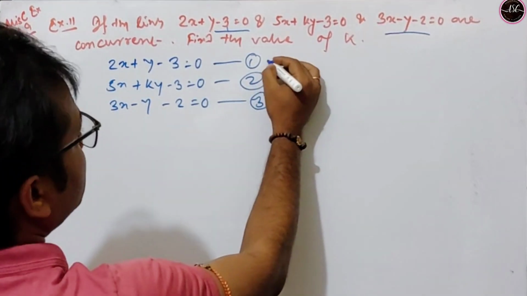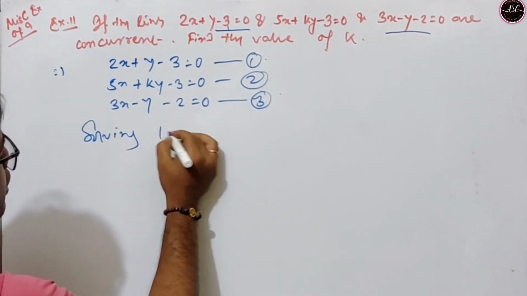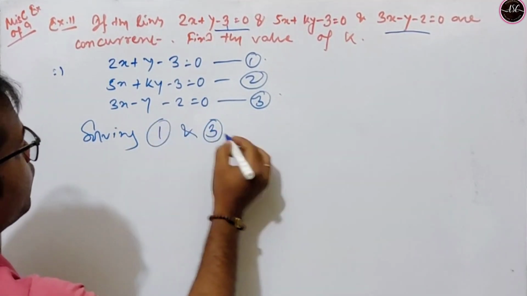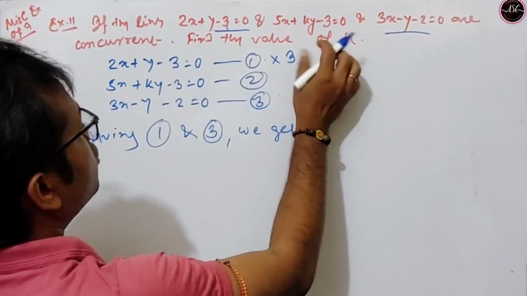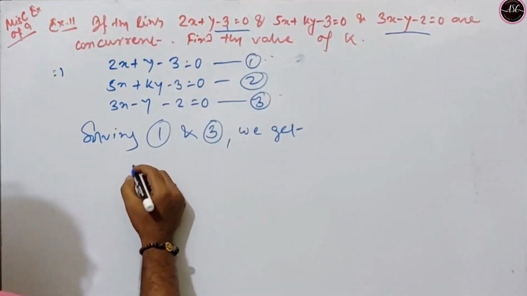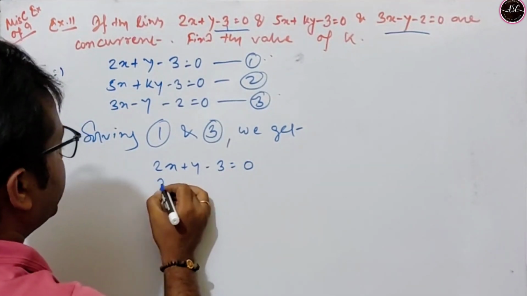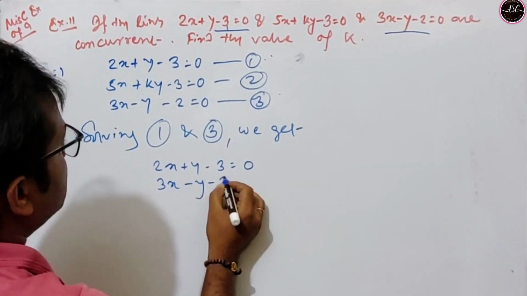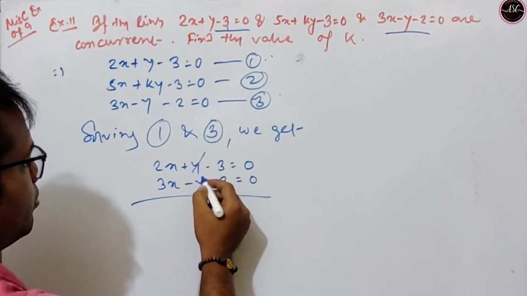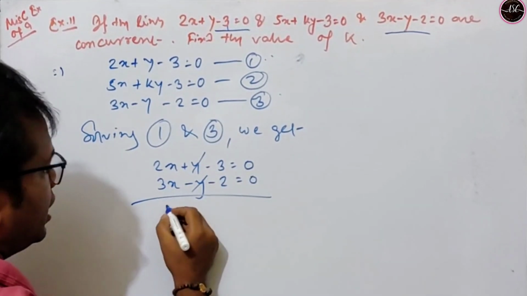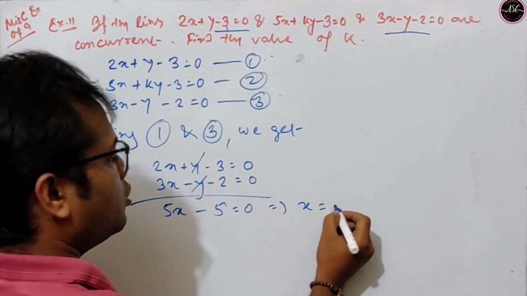Now solving 1 and 3. Write 2x plus y minus 3 equal to 0 and 3x minus y minus 2 equal to 0. Adding these, y minus y cancels out, and 5x minus 5 equal to 0, so x equal to 1.